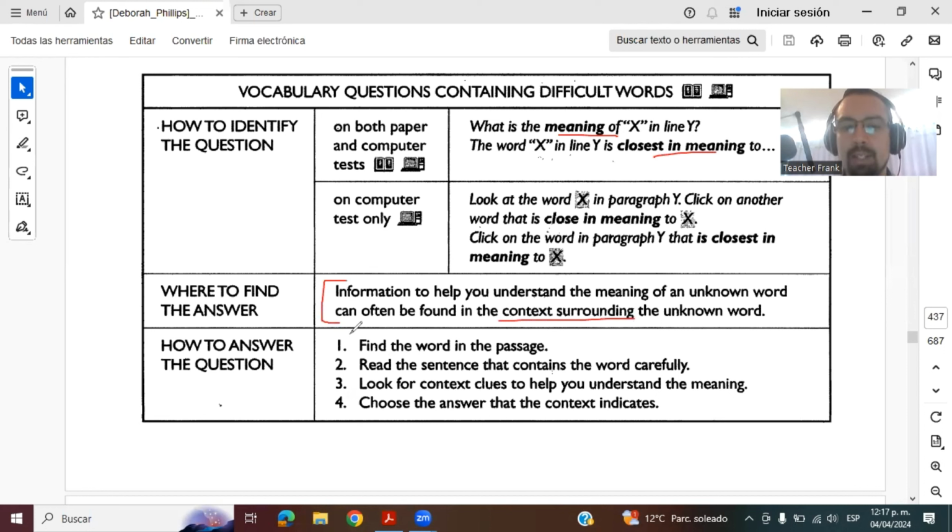And how to answer it? Find the word in the passage, read the sentence that contains the word carefully, look for context clues before or after to help you understand the meaning, and choose the best answer that the context indicates. So in this case, it's all about context, very important.